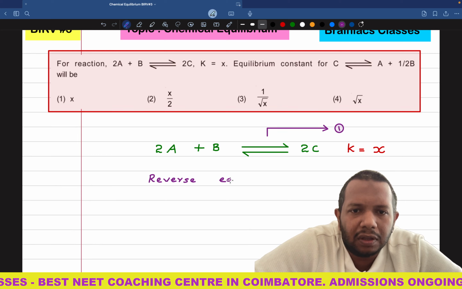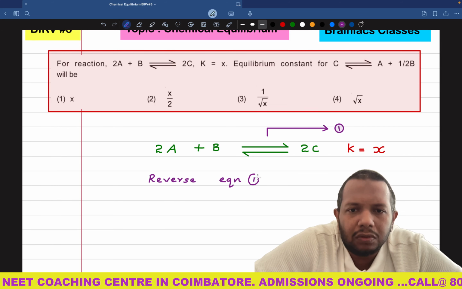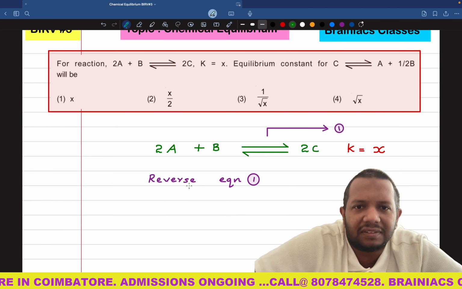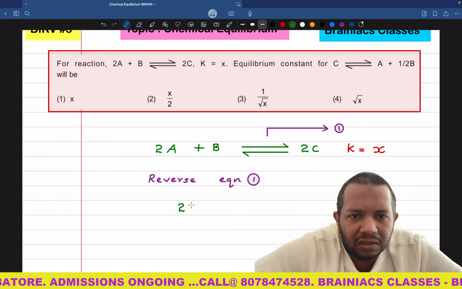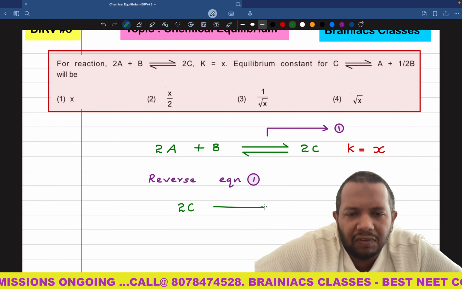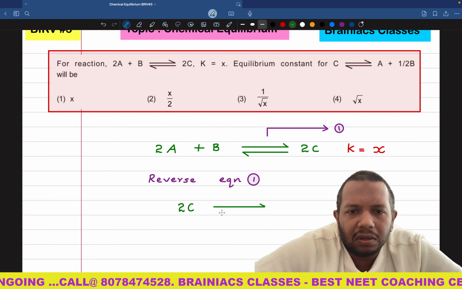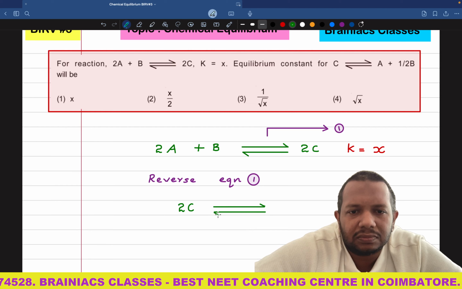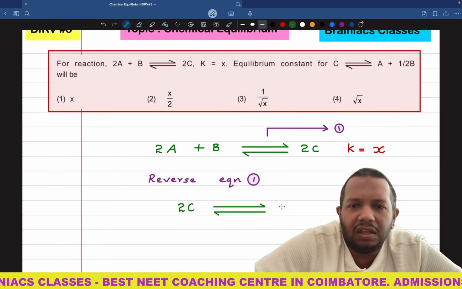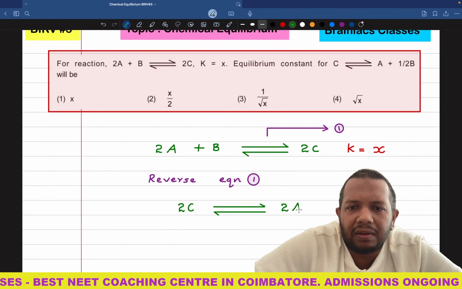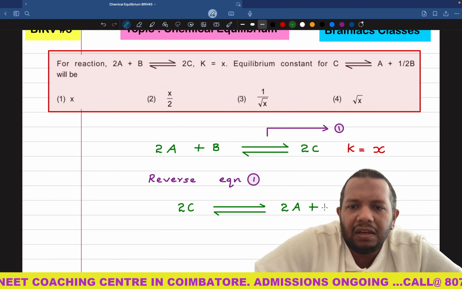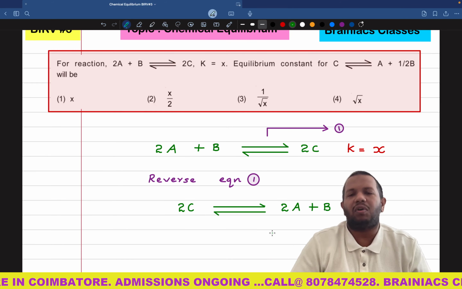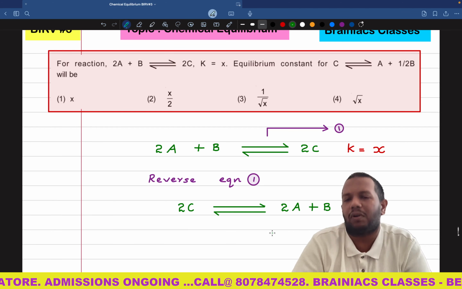On reversing, the equation will become 2C giving you 2A plus B. Now the important question is, if you reverse a reversible reaction, what happens to its equilibrium constant K?